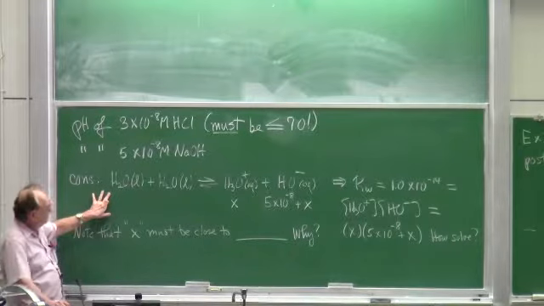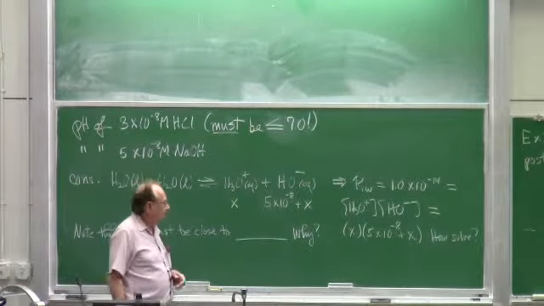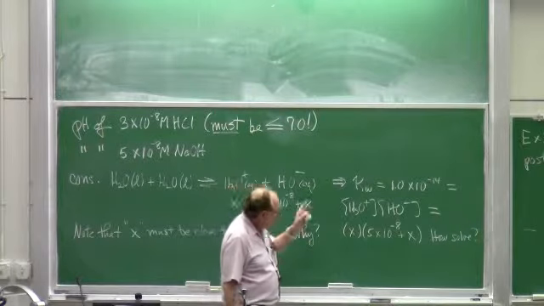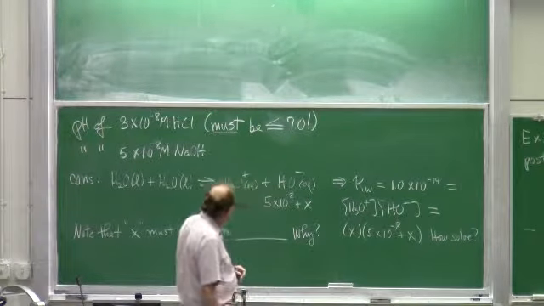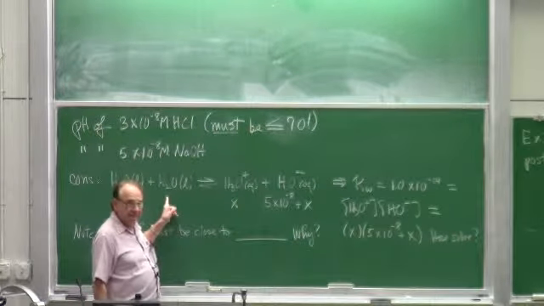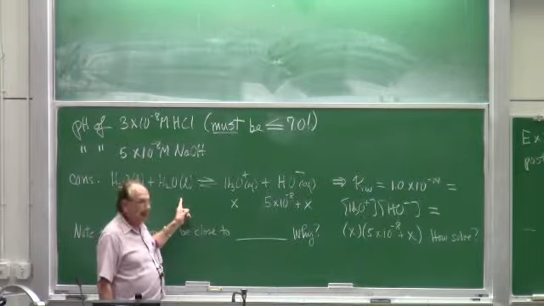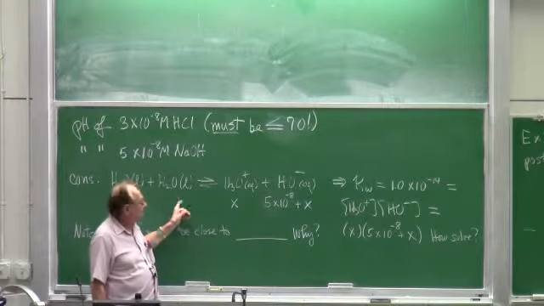So here is the Kw equilibrium reaction. And in this system we know the sole source of hydronium ion is this reaction. Water reacting with water is the only way we get hydronium ion in this system.